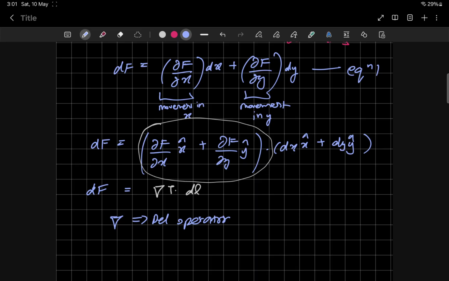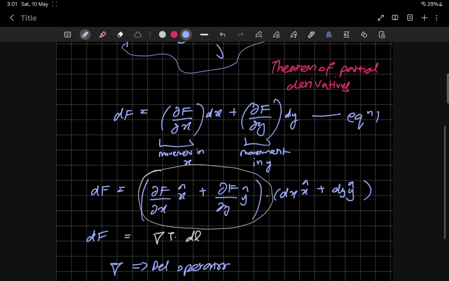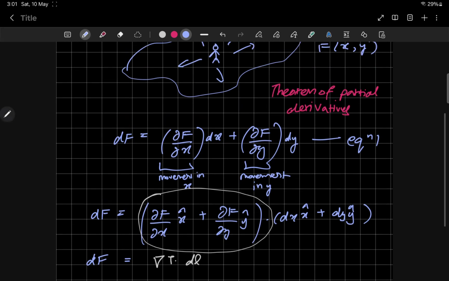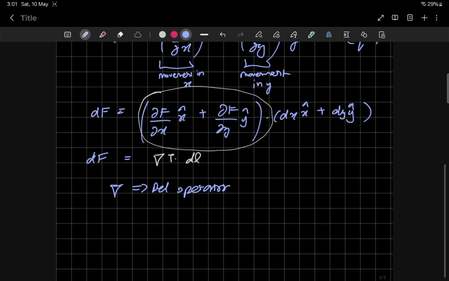Not exactly, but to put it geometrically, it is a vector. It has some magnitude and direction, and it points in the direction of maximum increase of the function. In this case the function is my movement, so whenever I find the gradient, I am denoting the direction in which I am moving the fastest. That is the technical term of gradient. The gradient operator is denoted mathematically like this.